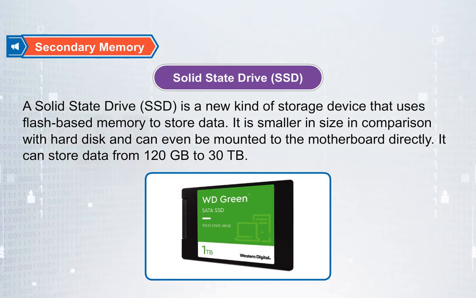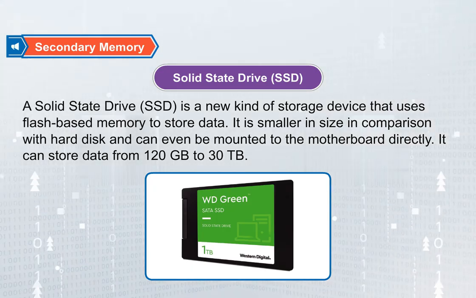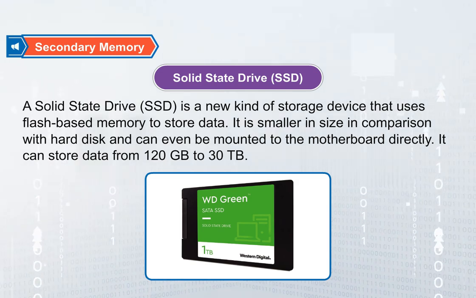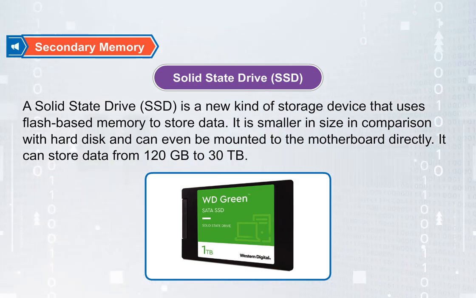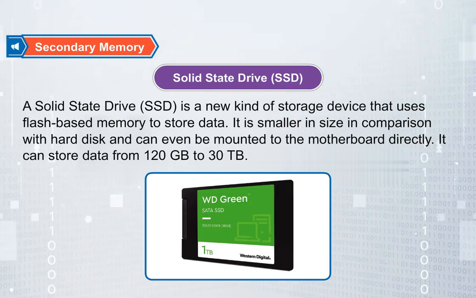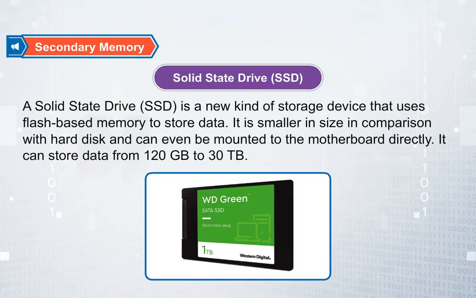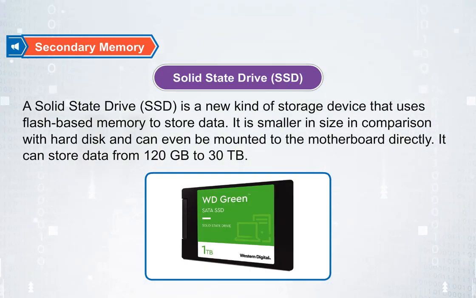A solid state drive, SSD, is a new kind of storage device that uses flash-based memory to store data. It is smaller in size in comparison with hard disk and can even be mounted to the motherboard directly. It can store data from 120 GB to 30 TB.